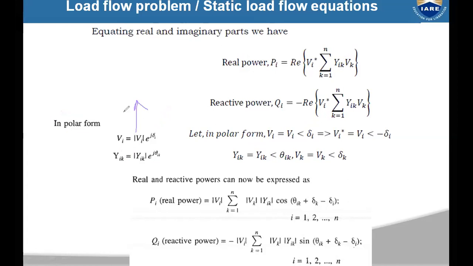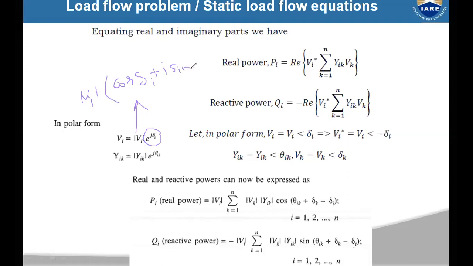This can be written as magnitude of Vi into, this e power j delta i can be written as cos delta i plus j sin delta i.